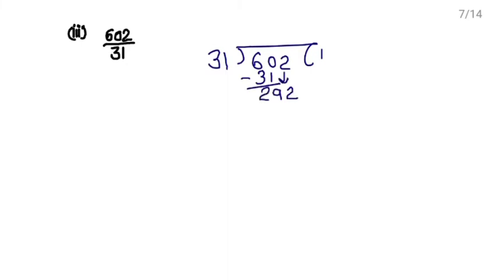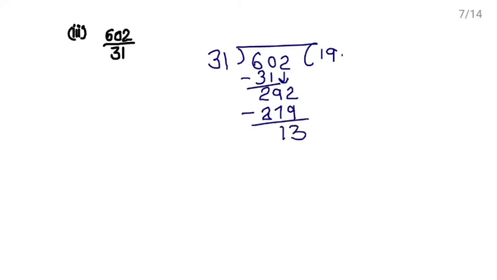Now divide the numerator 602 by the denominator 31. 31 ones are 31, subtract 29, copy down the next digit which is 2. 31 nines are 279, subtract 13.